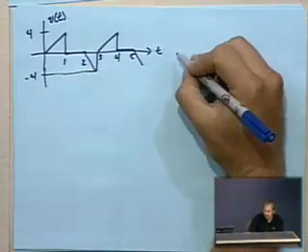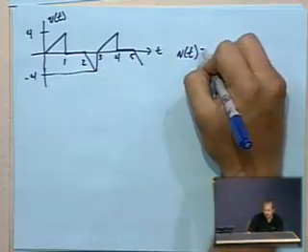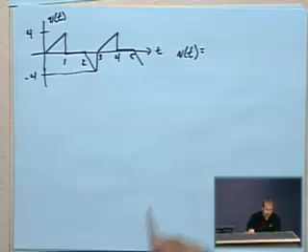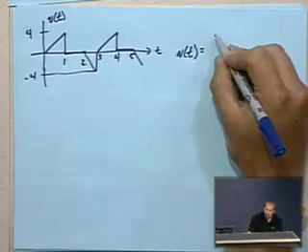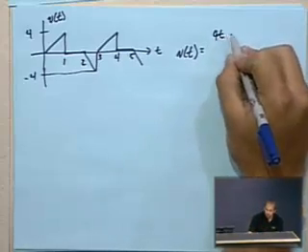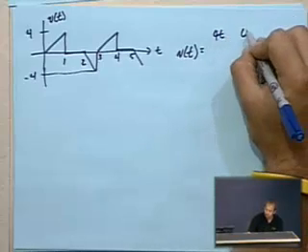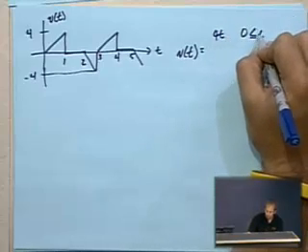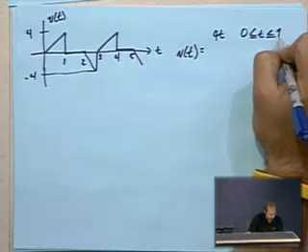And what that means is that as a periodic piecewise function, it equals 4t for time 0 less than or equal to t less than or equal to 1.